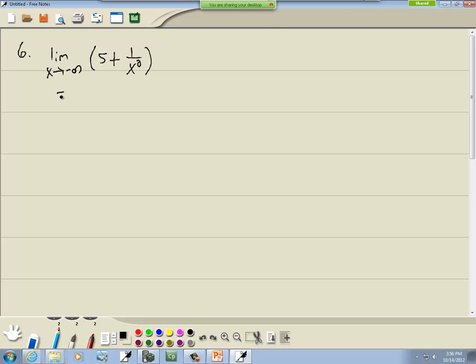But in this case, once we plug in negative infinity, we've got 5 plus 1 over negative infinity squared. Well, when you square anything, it becomes positive. That'd be 1 over infinity squared. Now, 1 over infinity goes to 0. If you got an infinity squared, that even goes to 0 even faster. So this is going to equal 5.